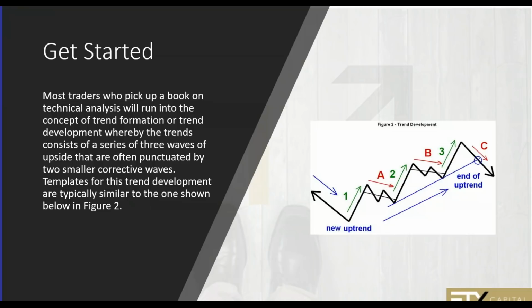Most traders who pick up a book on technical analysis will run into the concept of trend formation or trend development, whereby the trend consists of a series of 3 waves of the upside that are punctuated by 2 smaller corrective waves.